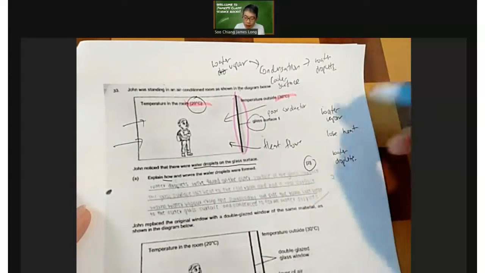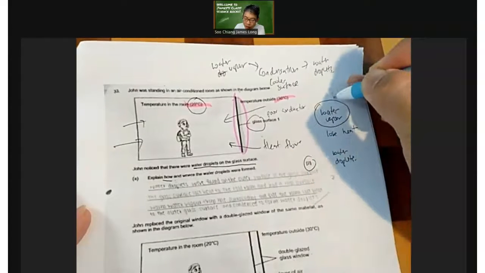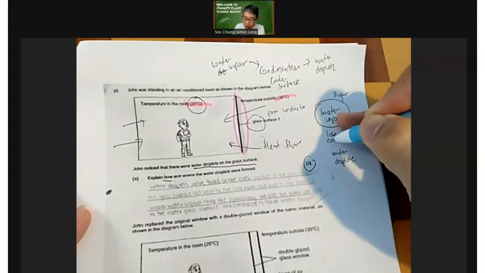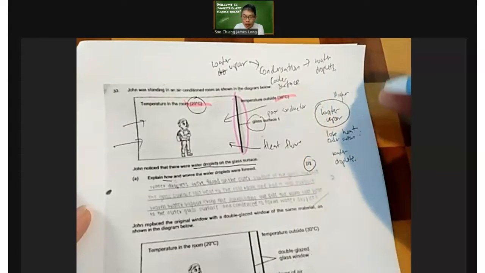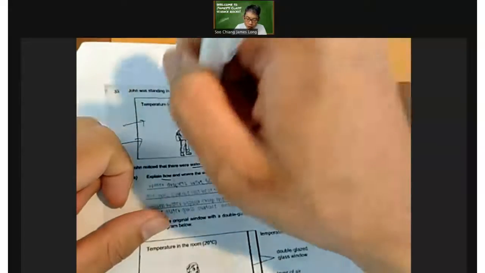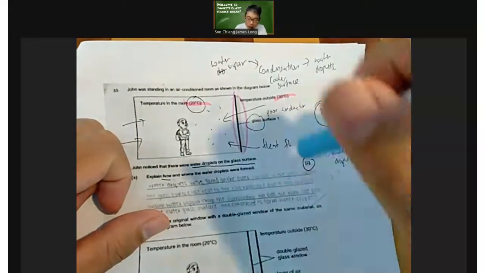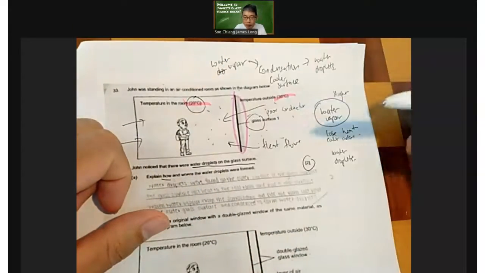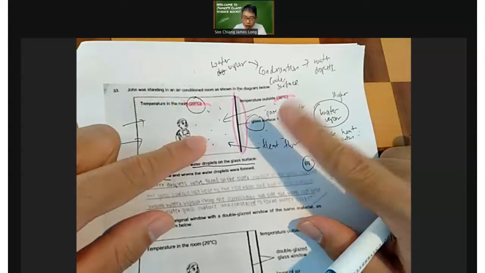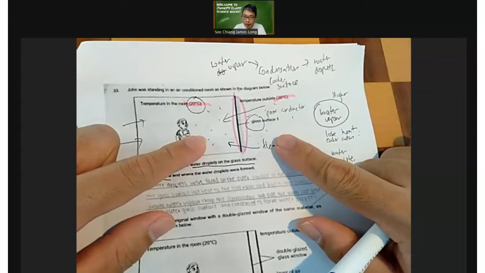So losing heat means that the water vapor must be at a higher temperature first, and lose heat to the cooler surface. There's water vapor here in the air in the room, and there's water vapor in the air outside the room. Which of the water vapors is at a higher temperature?